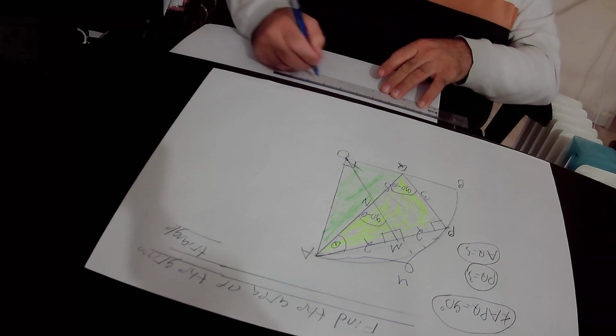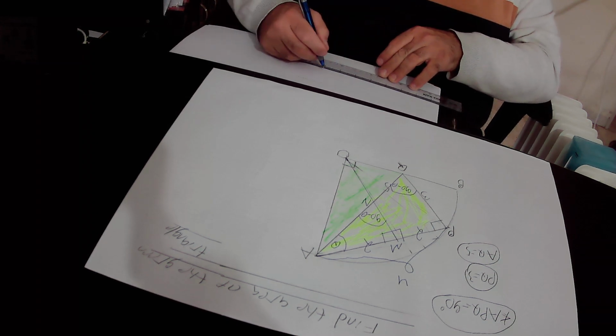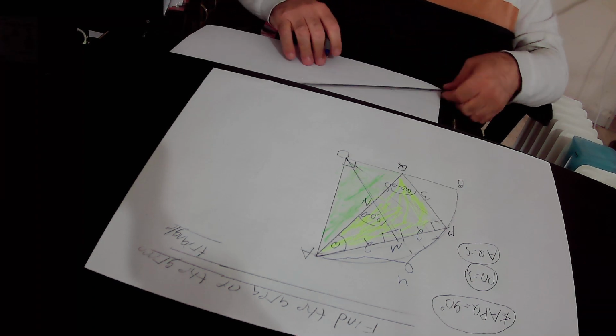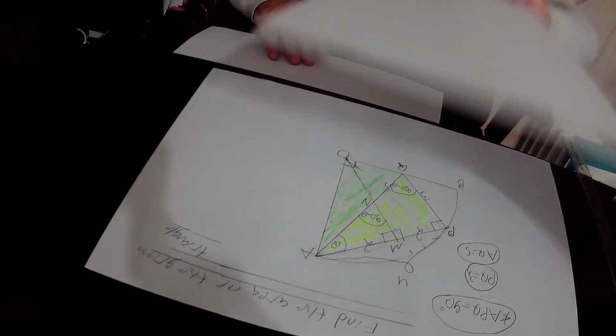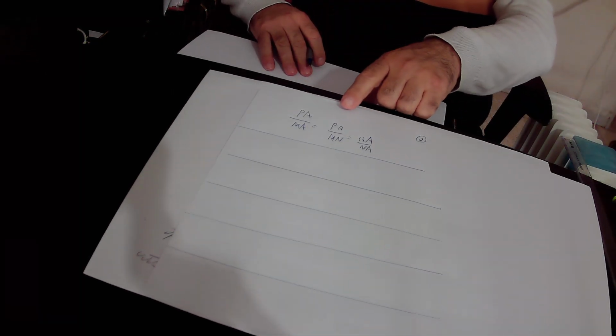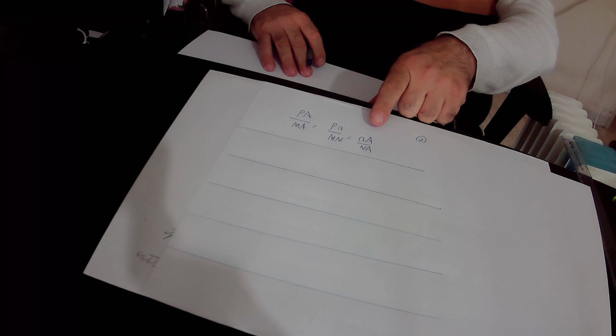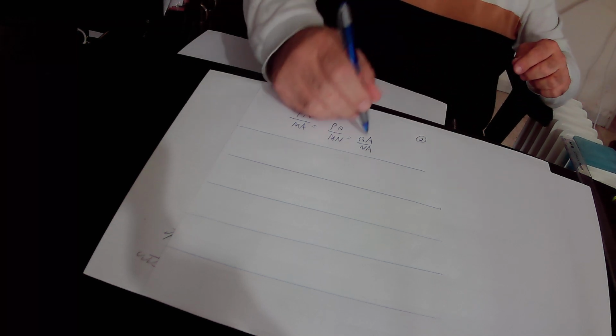So I'll repeat again. PA over MA equals PQ over MN equals QA over NA.